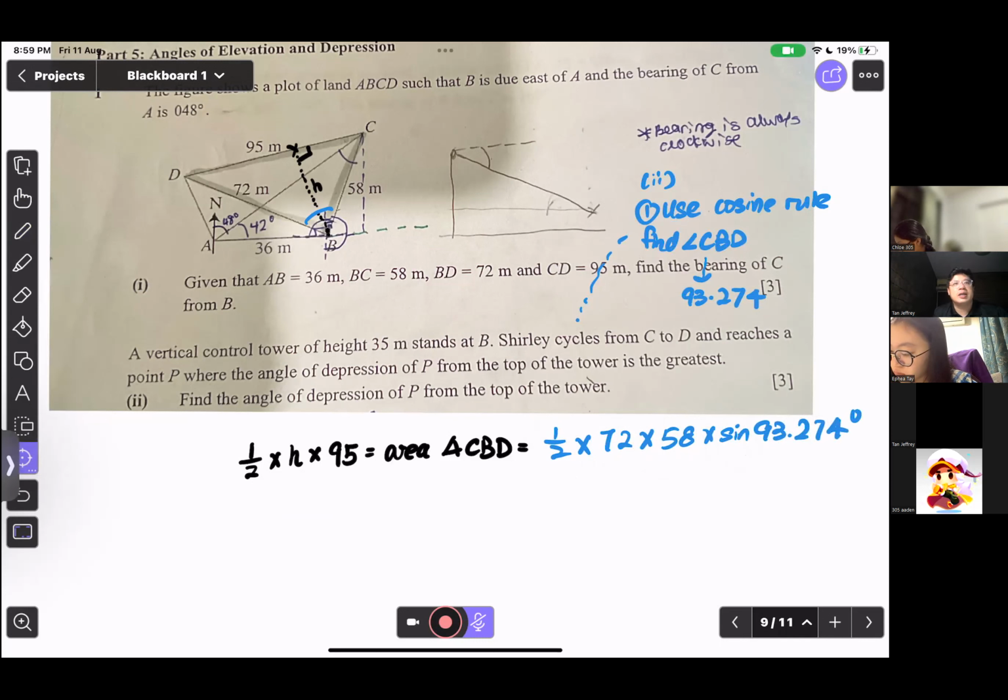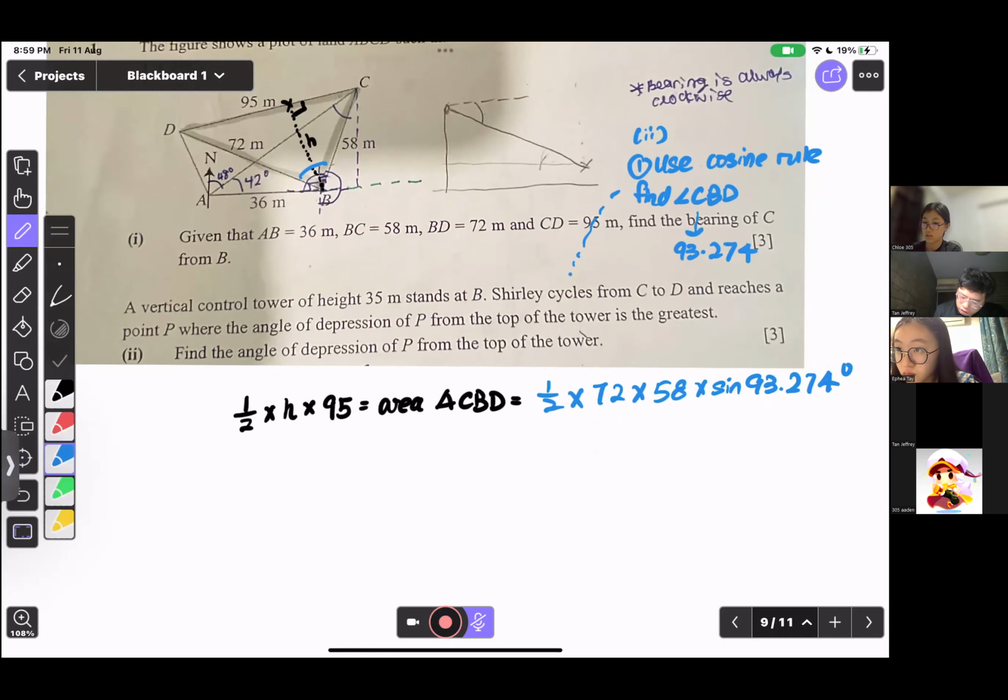So these two are the same. From here, you can find your height. After which, you equate together and solve for h. You can find this h to be approximately 43.886 meter. Like cooking show like that.